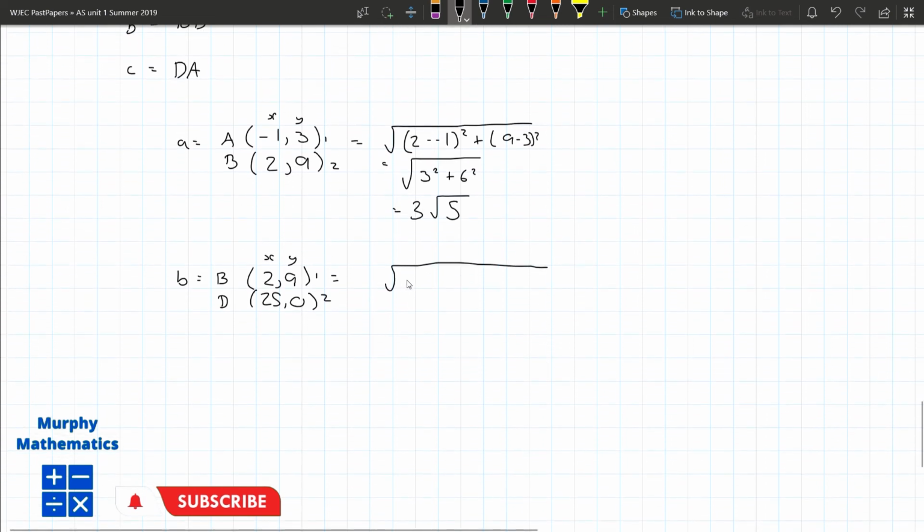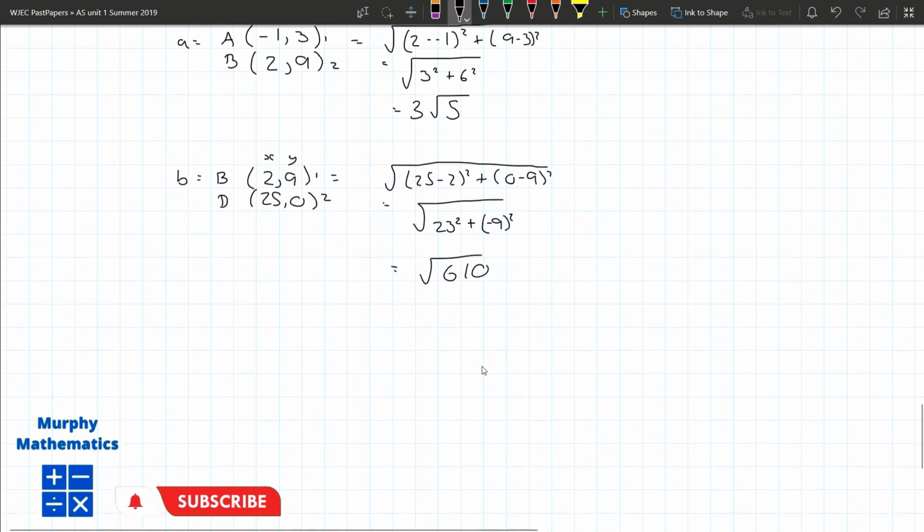We've got 25 minus 2 squared plus 0 minus 9 squared, which equals 23 squared plus minus 9 squared, and that equals root 610.